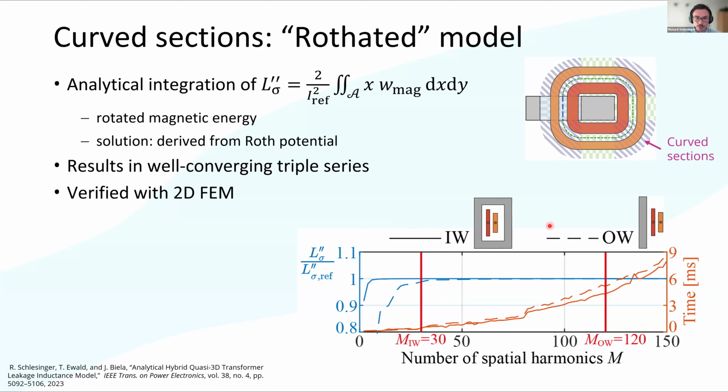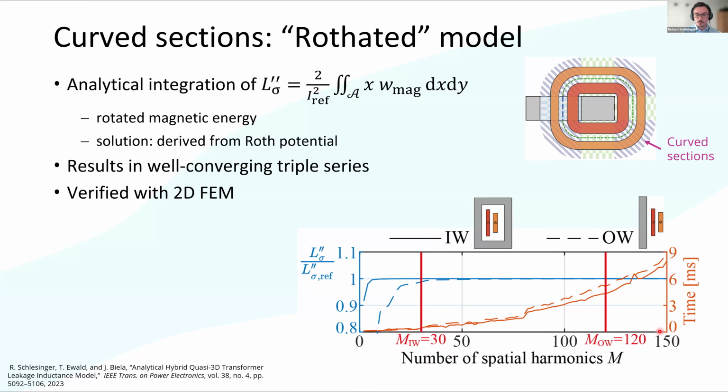For the outside window, you need a few more terms, because what we basically do is use an equivalent winding window and put this far away from the windings, such that we emulate an outside window cross-section with the solution of the inside window cross-section. And of course, the goal now is to choose as few terms as possible, because we want to calculate fast, and as many terms as necessary, because we want to be accurate.